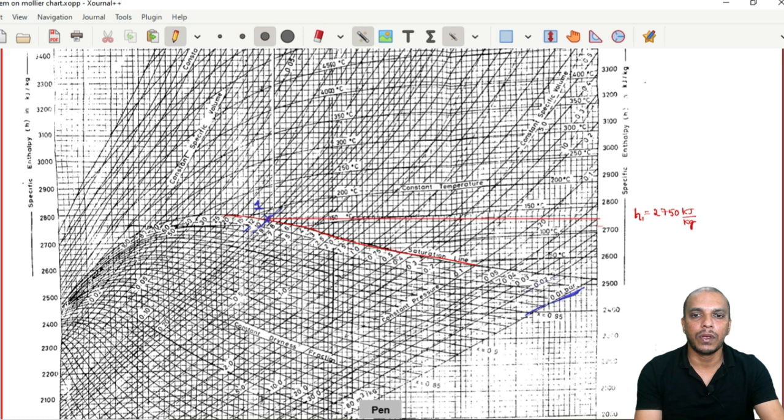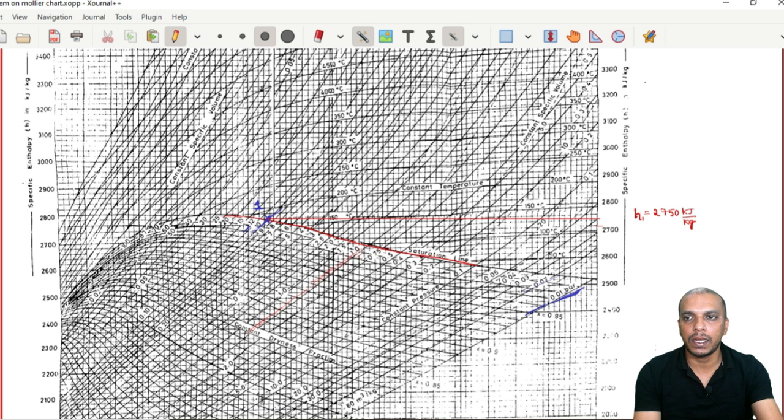We do not have a 1.1 bar line, but we will have to estimate where it will be. 1 is there, 1.5 is there, and 1.1 is approximately 20% of this distance, so it will be something like here.